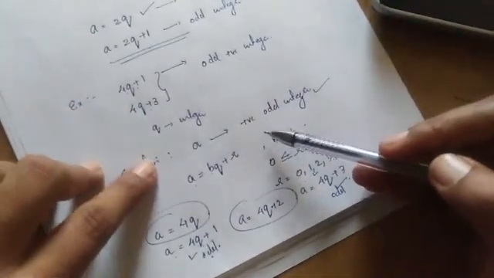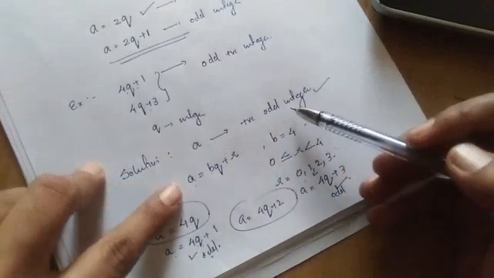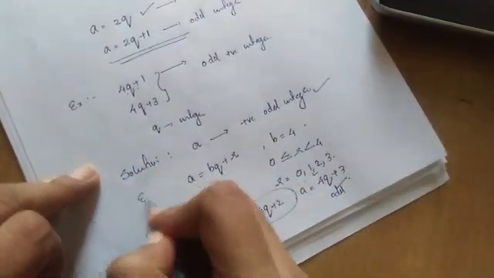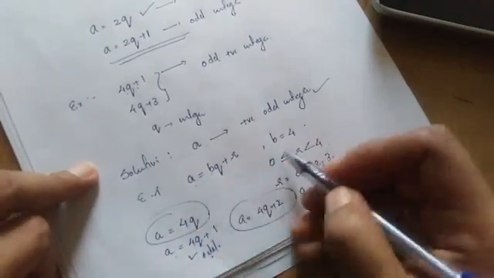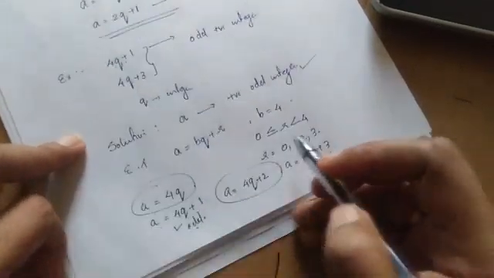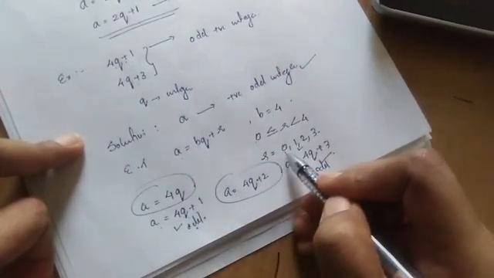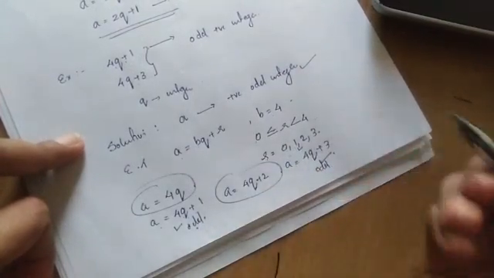Here the solution: consider a as a positive odd integer. According to Euclid's theorem, a is equal to bq plus r and the value of b is equal to 4. The remainder lies between 0 and 4, so the remainder can take values 0, 1, 2, 3.